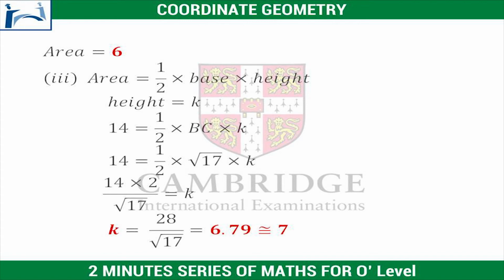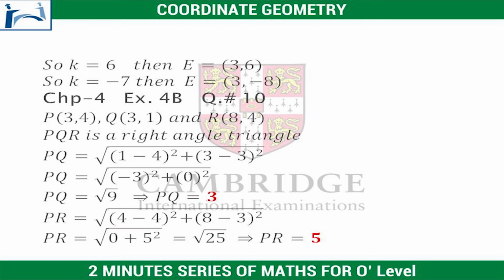We get k equal to 28 over under root 17. We get 6.79. That's nearly equal to 7. So if 7 is on the above side in quadrant number 1, then k equal to 6 and E is 3, 6. And if k is in the quadrant number 4, so we get k equal to minus 7, then E equal to 3 and minus 8.